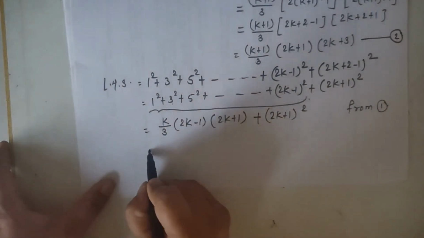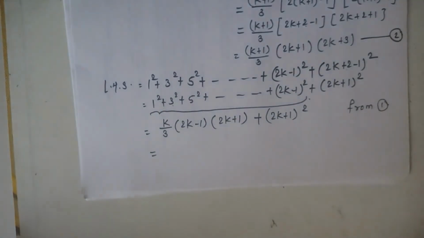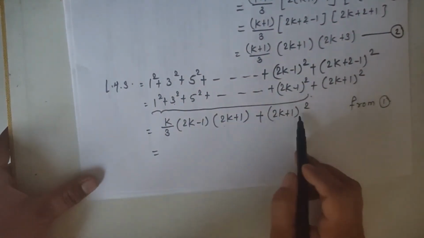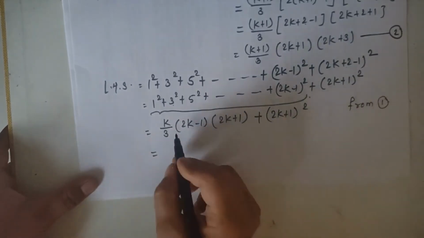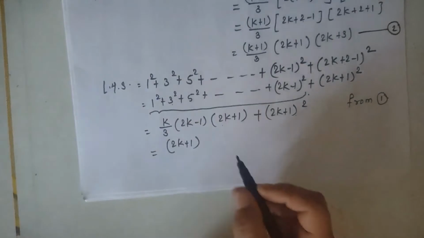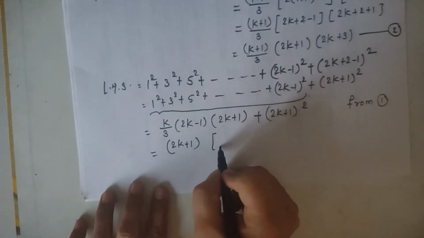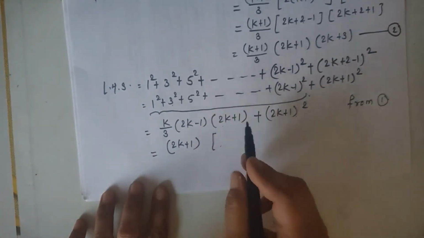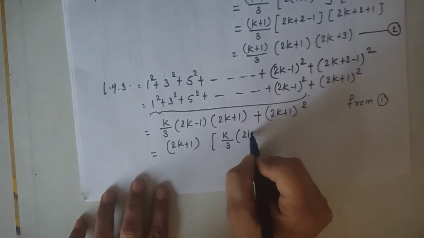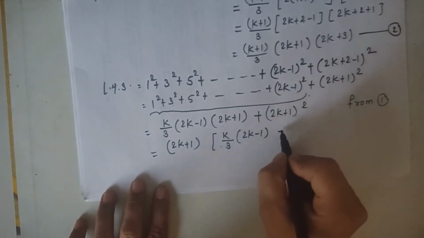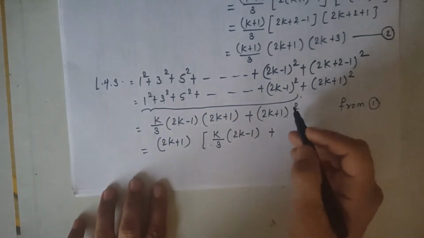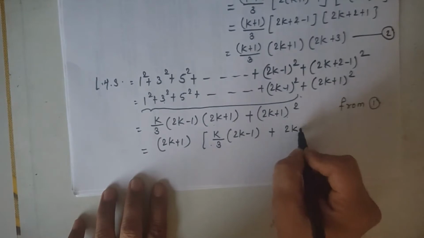So the addition of this, now simplifying: here 2k plus 1 is common. So taking 2k plus 1 common, the remaining terms are k by 3 into (2k minus 1) plus the remaining one term from (2k plus 1) square, that is 2k plus 1.